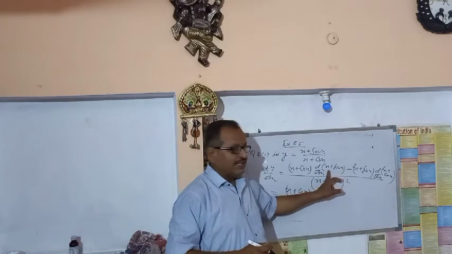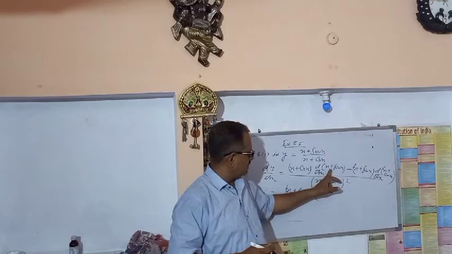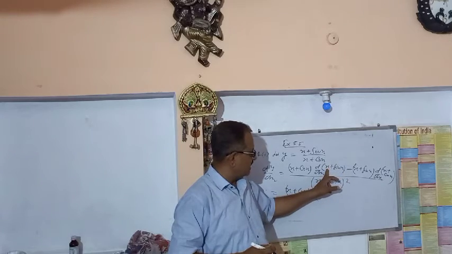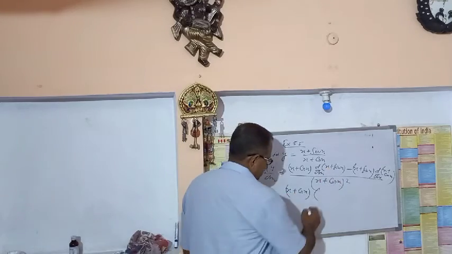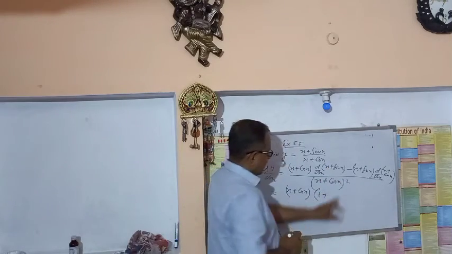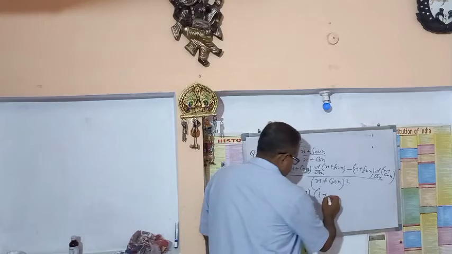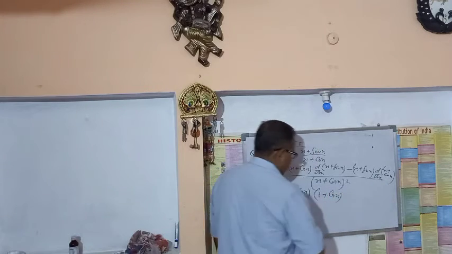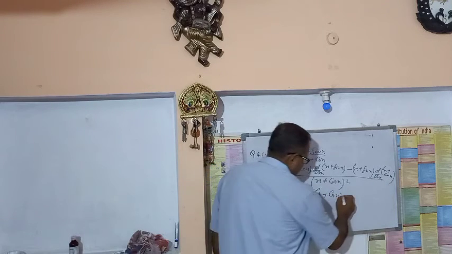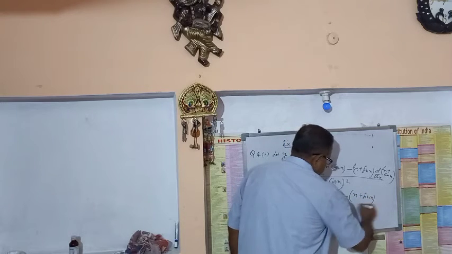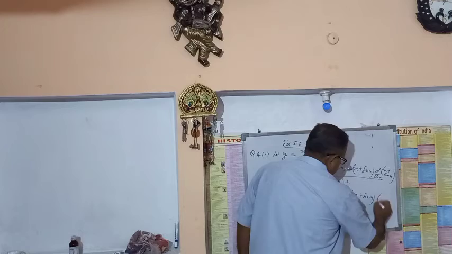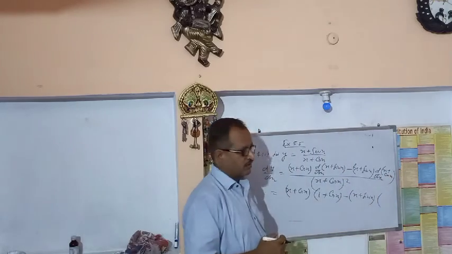Take the derivative of x plus sin x. Derivative of x plus sin x means we have to take the derivative of each term. What is the derivative of x? 1. And the derivative of sin x is cos x. Minus x plus sin x into the derivative of x plus cos x.